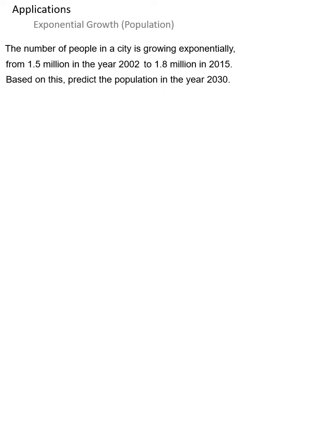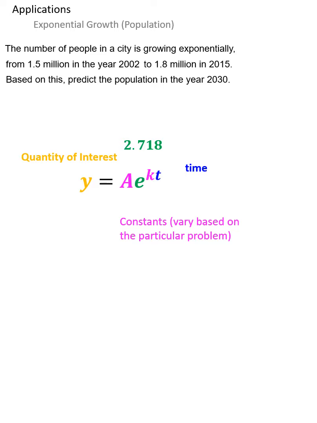And before we go on to our next problem, I want to take another look at what things represent in the exponential growth model. Y represents the quantity of interest, which in this case was population. T represents time. E is always approximately 2.718. And most notably, A and K are the constants that vary from problem to problem.